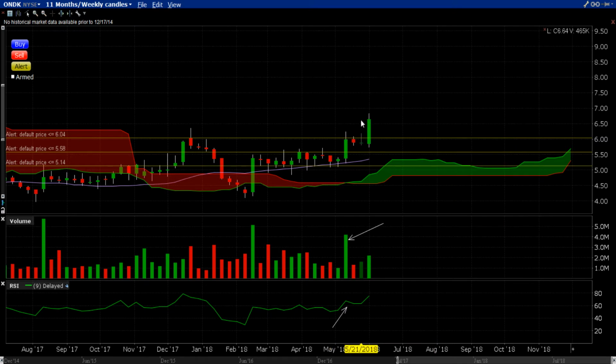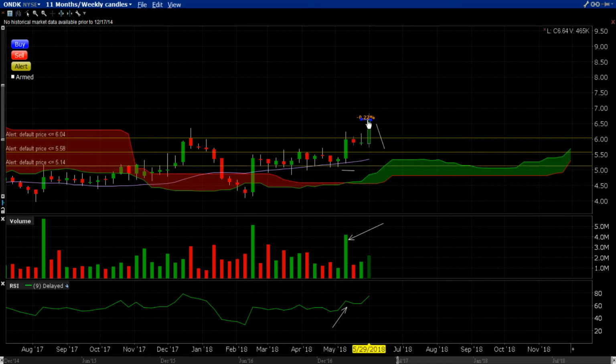So what do we do here? Do we enter? We saw that this was a monthly defined resistance at these levels. Do we wait for the pullback at the breakout line? This nice breakout line back here on low volume. If you enter here, your sell stop, you have to put it all the way down here.